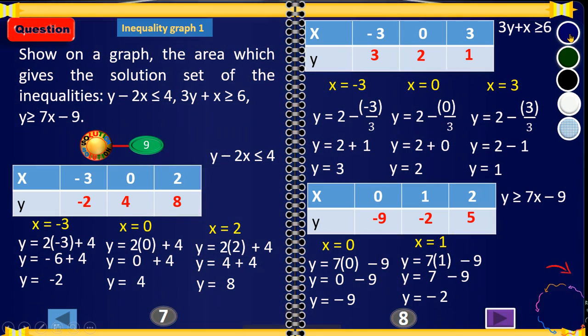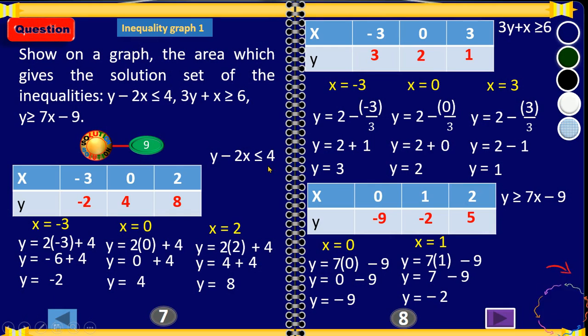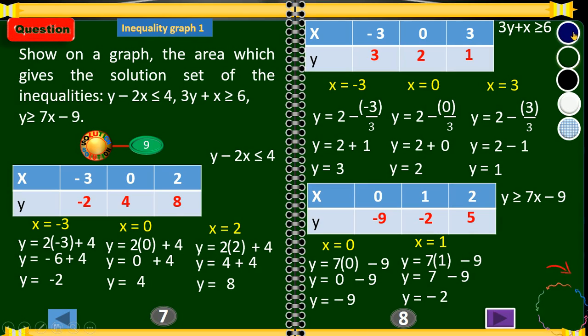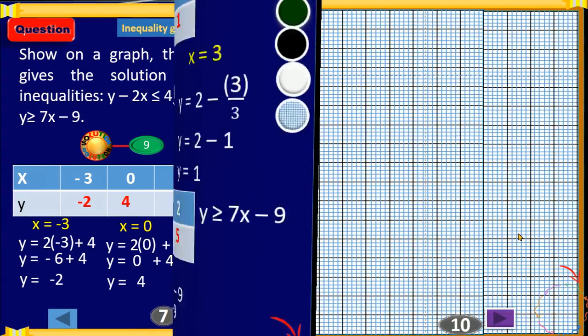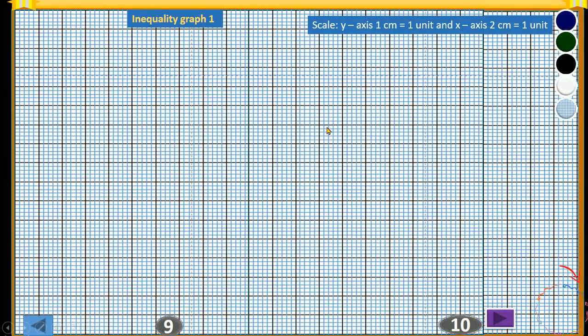We are going to move to the graph page so that we'll be able to start the plotting of the graph. Once again, our scale. But this time around, on the y-axis 1 centimeter is equal to 1 unit, and on the x-axis, 2 centimeters is equal to 2 units.